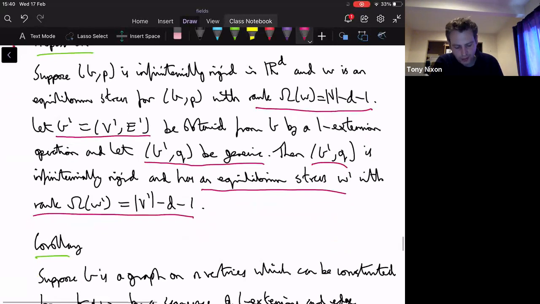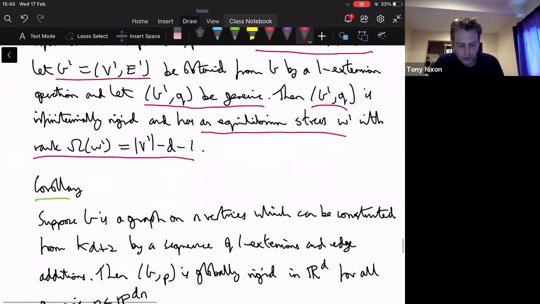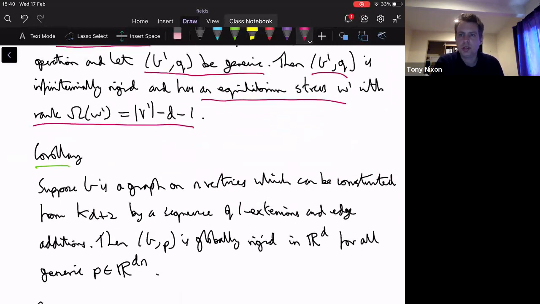So now that we have that, we can give the combinatorial result that I want, which says if you have a graph, with however many vertices you want, constructed from a sequence of these one extension operations, and the starting graph is something that you know generically has a full rank stress, then the result of this sequence of one extensions generically has a full rank stress, and hence we can apply Connelly's theorem to say it's globally rigid.